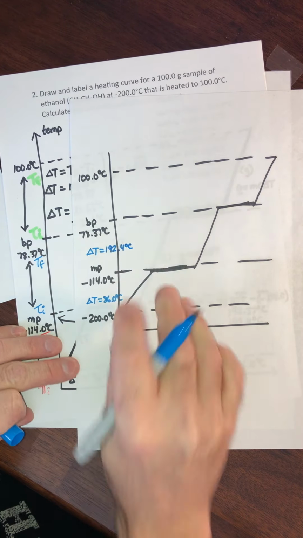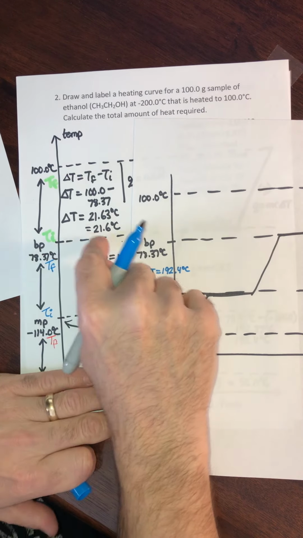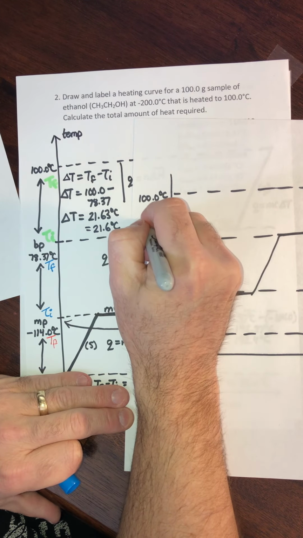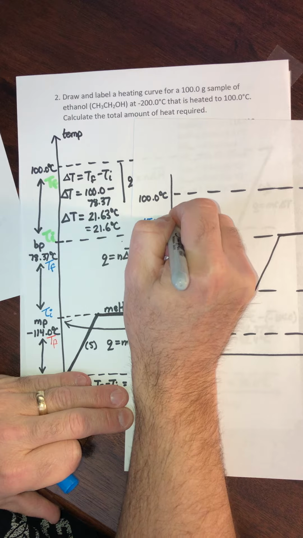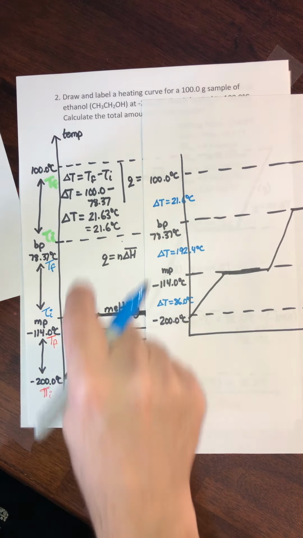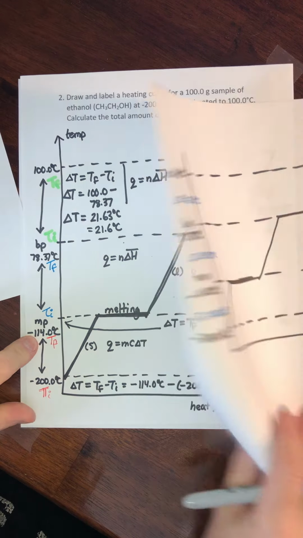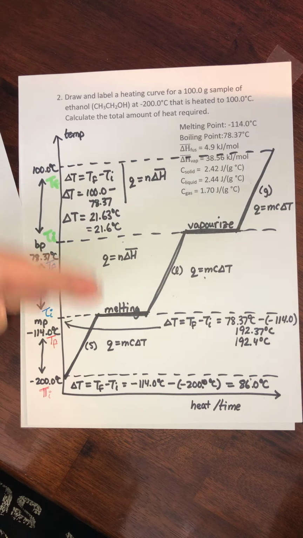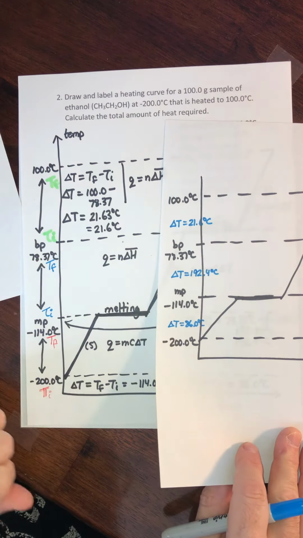And I know that my delta T for this top part of the graph was 21.6. Okay, so what I've done is I've pulled out my delta T's from the 3 portions, and instead of having the calculations shown, I've just put them in.